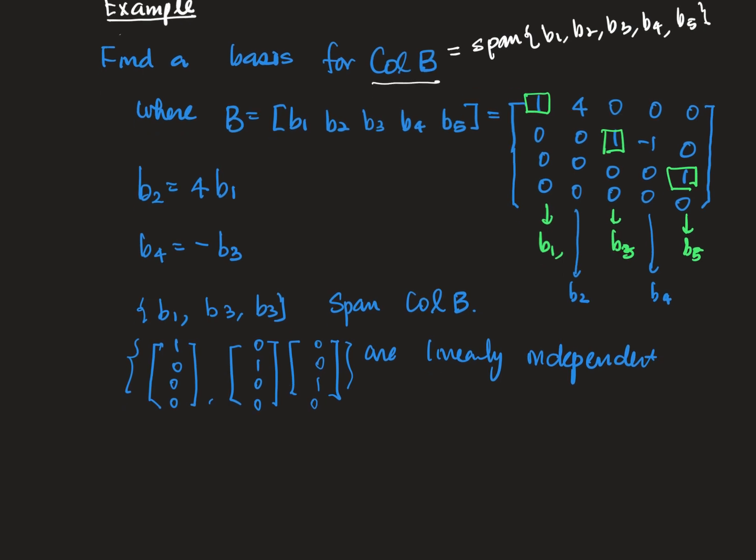So what are you going to say? B1, B3, B5 is a basis for the column space of B.